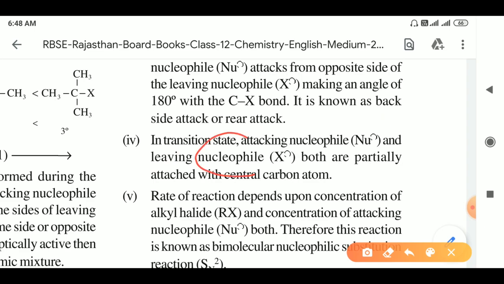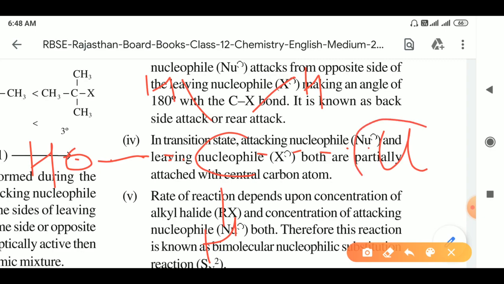In this transition state, C is partially attached with Cl by a dotted line and with OH, and three hydrogen atoms are there: first, second and third. So carbon is pentavalent. That's why the transition state is highly unstable.